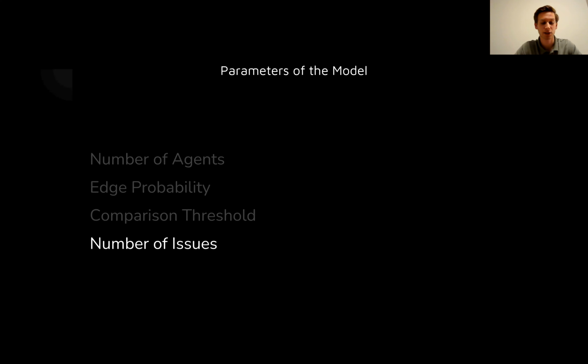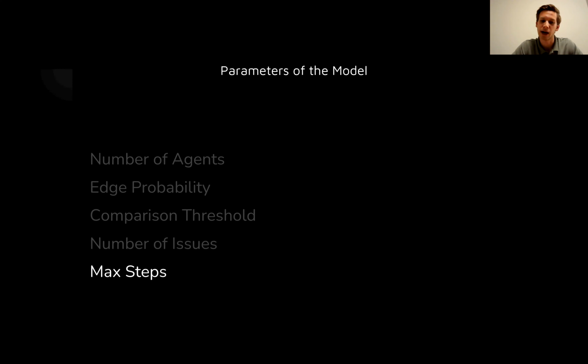So next we have the number of issues. In previous research and in the previous literature, some research has only used one issue, and we wanted to use multiple because we thought that more closely related to how real life individuals act.